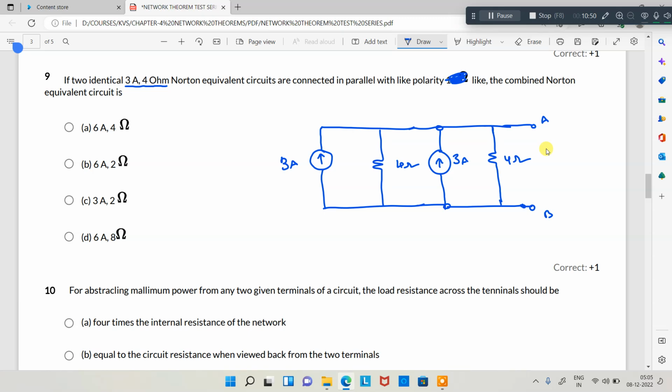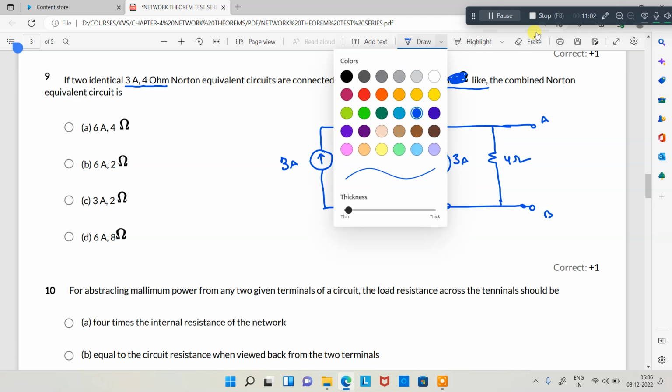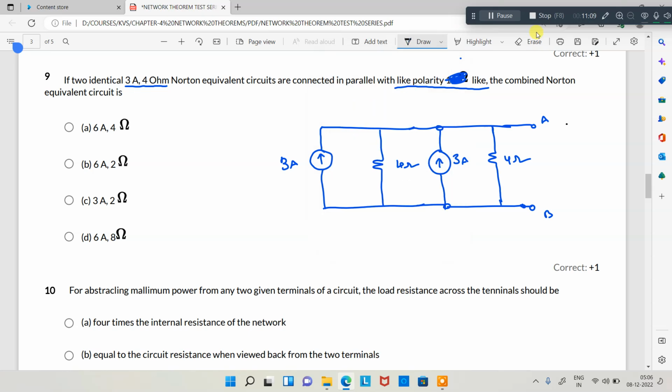So it is very simple. See, this 3 amperes and this 3 amperes are in like polarity, it is very important, same polarity. So both are forward direction only. Whenever both are forward direction, these 3 amperes are added, 3 plus 3, 6 amperes. Next, coming to here, 4 ohms and 4 ohms connected in parallel.